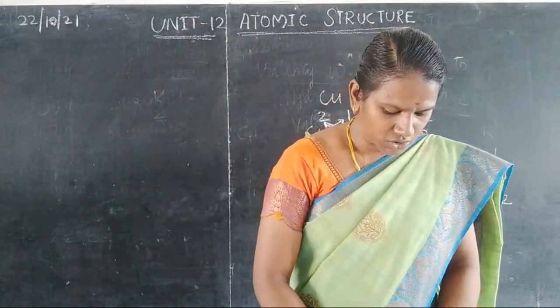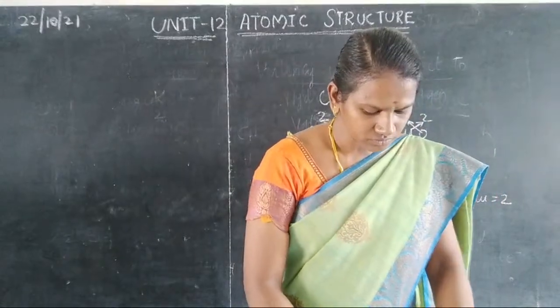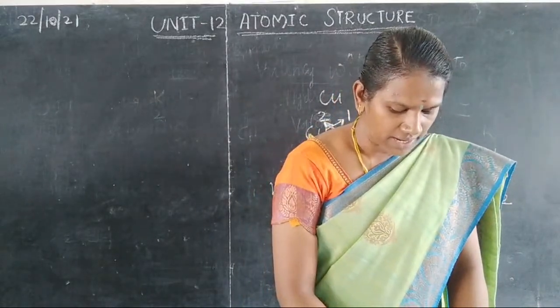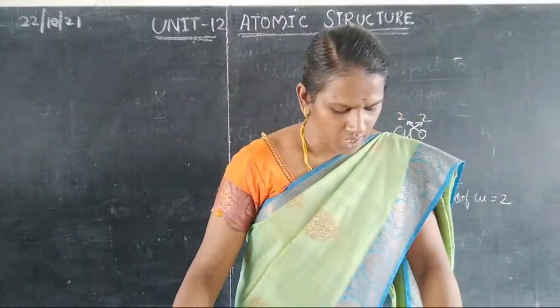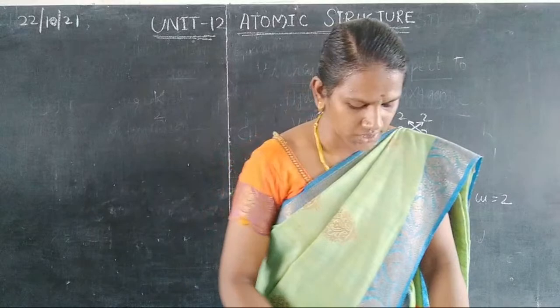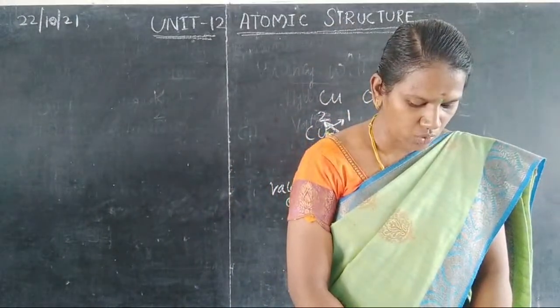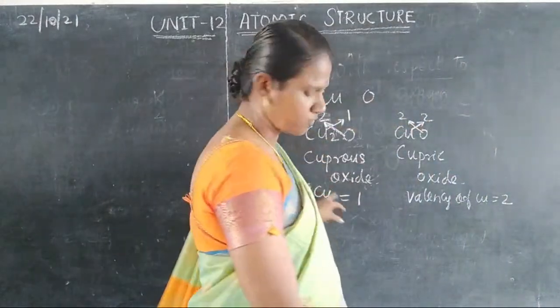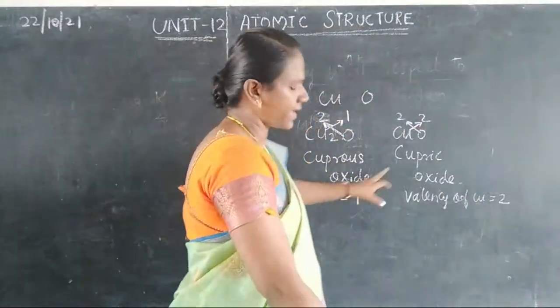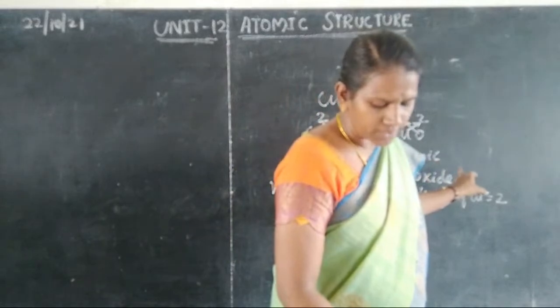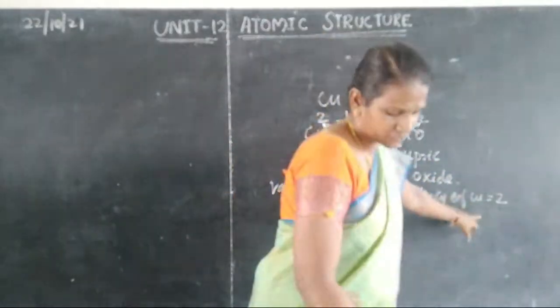See here, in Cu2O, the valency of copper is 1, and in CuO, the valency of copper is 2.